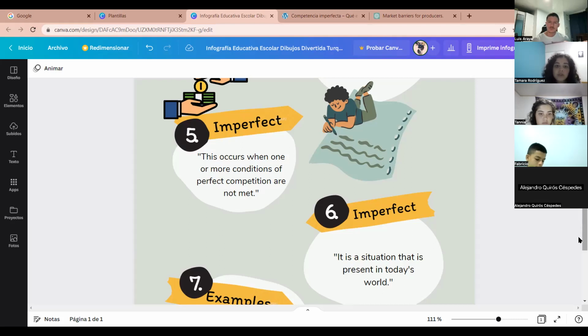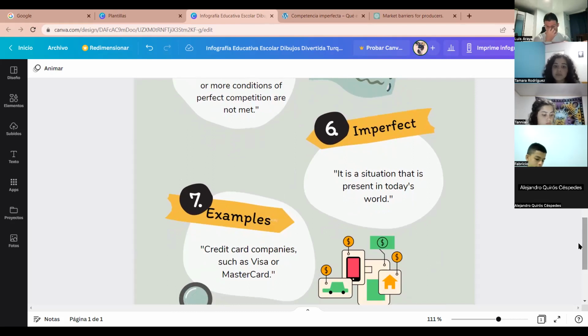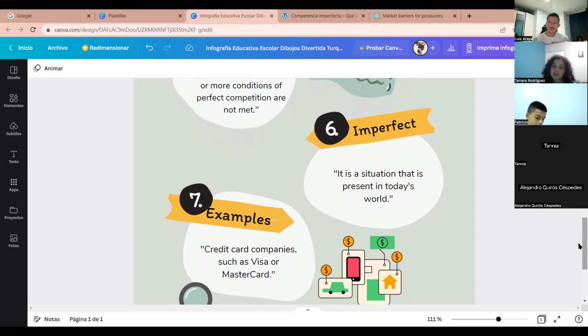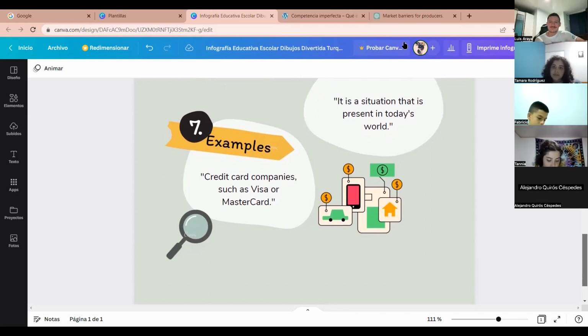One example of imperfect competition is credit card companies such as Visa or Mastercard, because there are a few suppliers for a large number of demanders worldwide. And basically, I understand that in imperfect competition, not all producers have the same possibilities and scope, and in perfect competition they do. Yeah, that's it. Thank you.